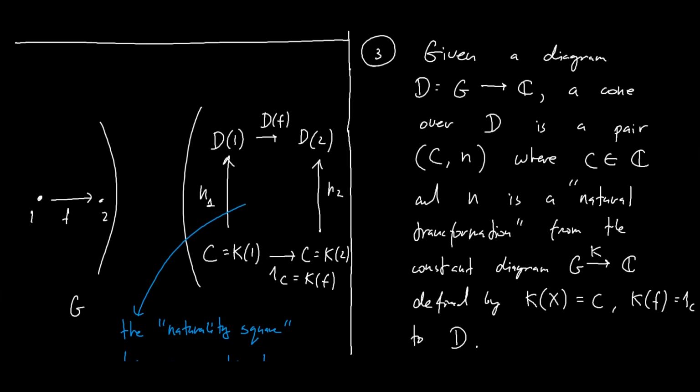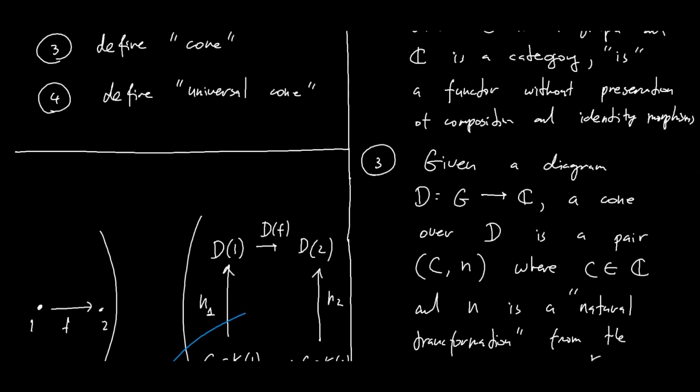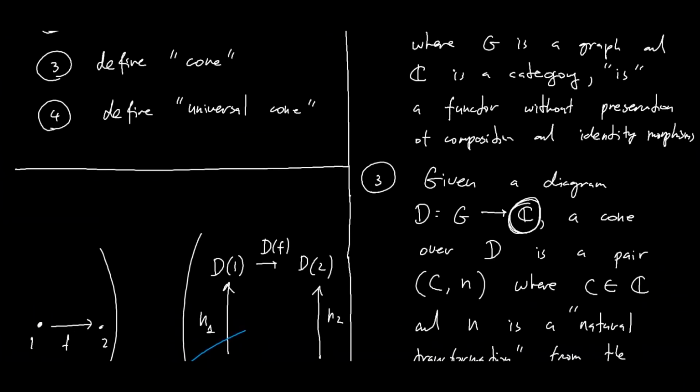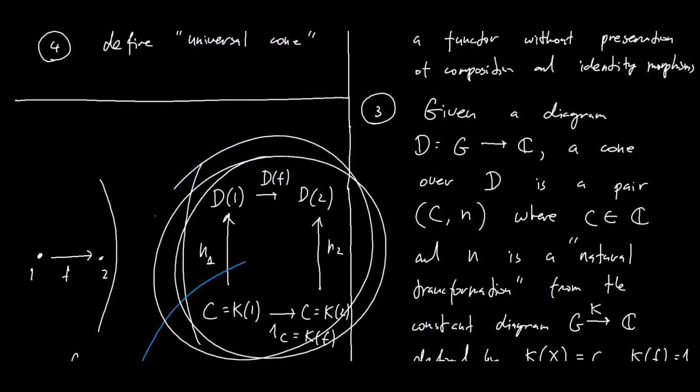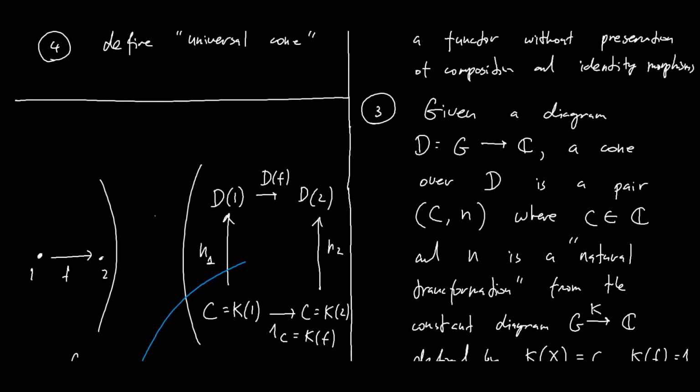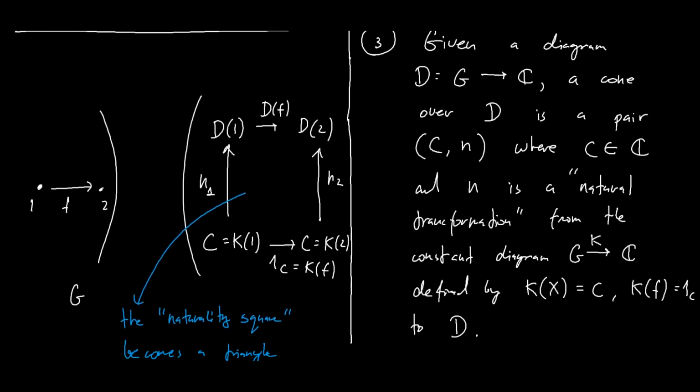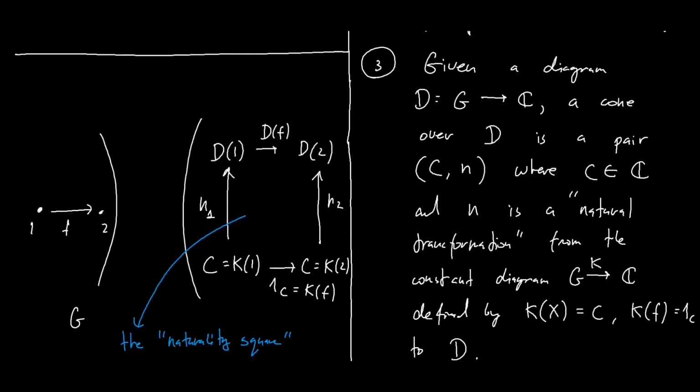It doesn't really require changing the notion, because in a diagram, the codomain is still a category, and to state that this square commutes, that is coming from the definition of a natural transformation, we just need the codomain to be a category. We don't need the domain to be a category. So that's why we don't need to adapt the notion of a natural transformation too much.